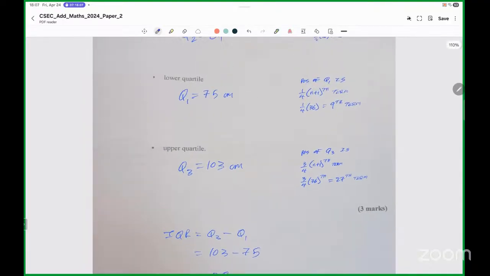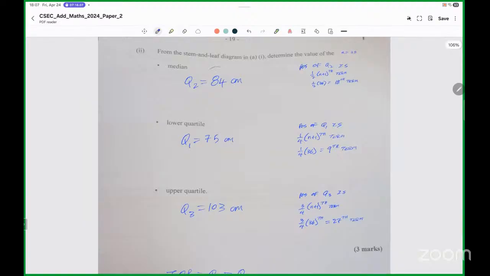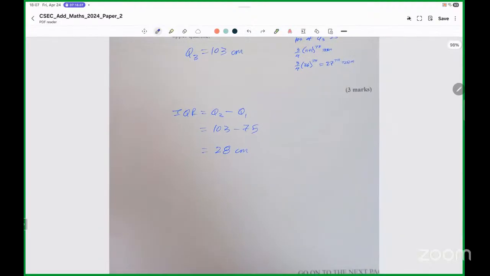And this median is 84. So down here we have Q2 is 84 and the interquartile range is 28 centimeters.